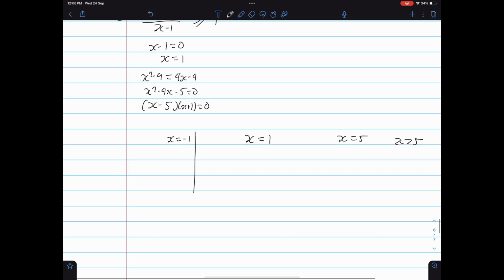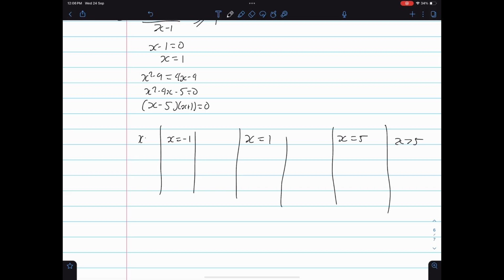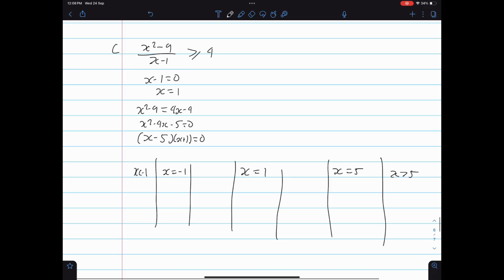Let's think about it critically. We know that at x equals negative 1 and negative 5, it's equal. So that would satisfy that inequality because it can be equal. At x equals 1, it's just undefined, so that's when there'll be a gap.